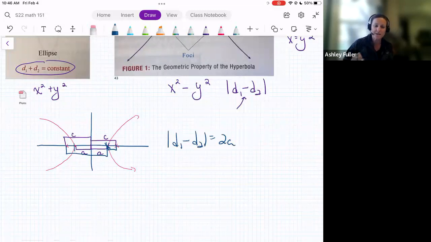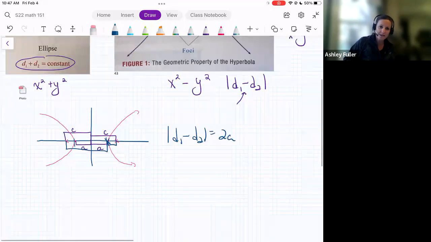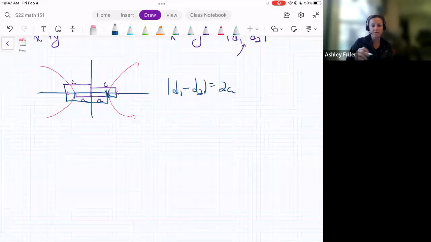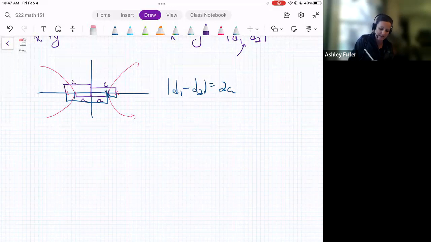The distance from the center of the hyperbola to the vertex is a, and the distance from the center of the hyperbola to one of the foci is c. Just like with ellipses, we have both horizontal hyperbolas, which is what you're seeing here, and vertical hyperbolas, and the equations mimic those of the ellipse.